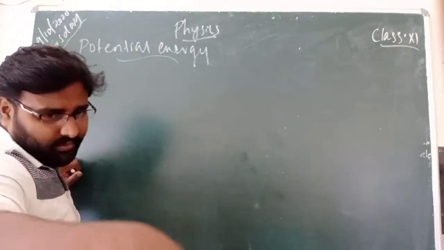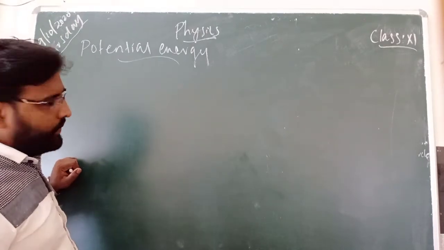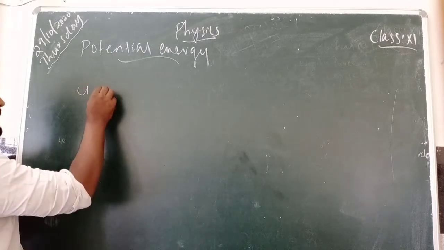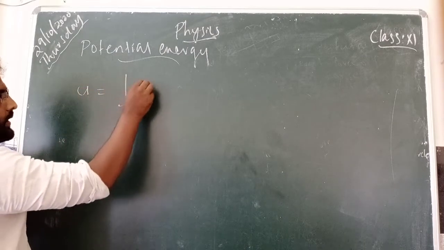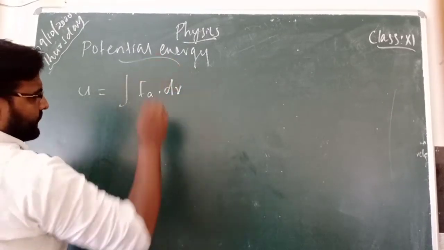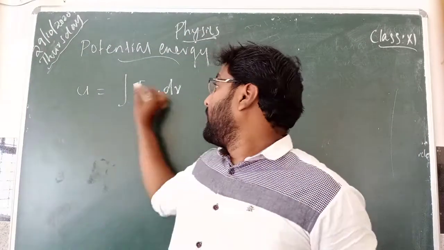Then you have to continue with 4.2.5. So first write the definition, and the potential energy symbol is U. The formula is the integration of FA dot dr. FA dot what? FA dot dr.